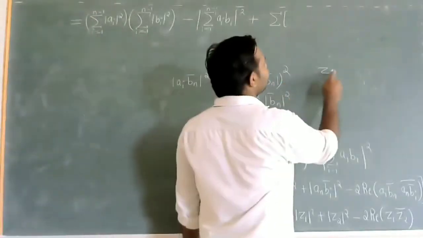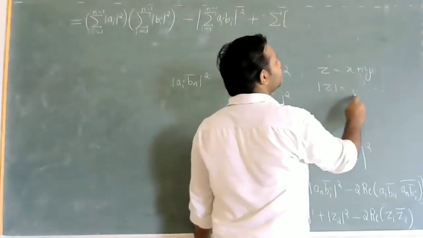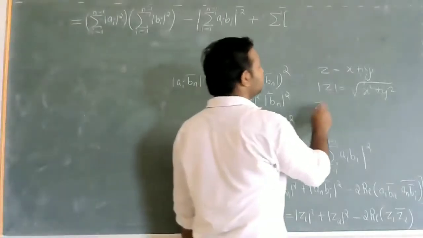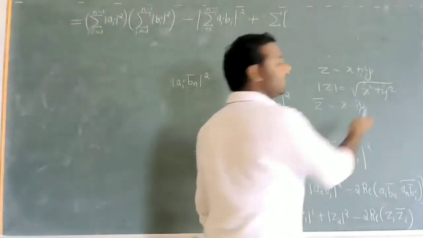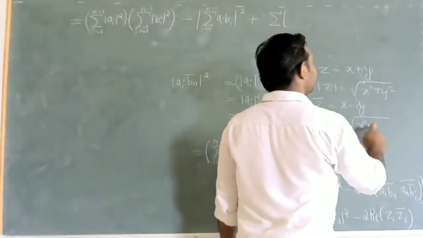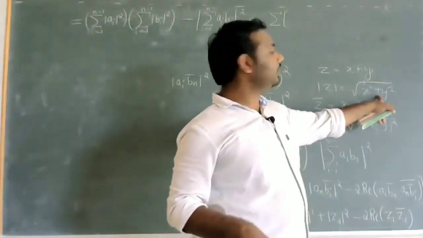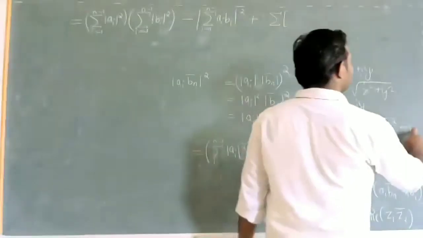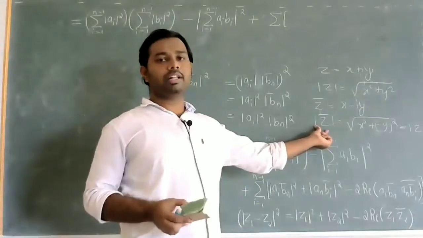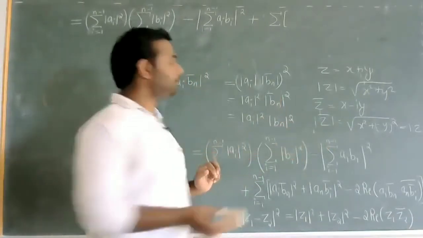Because if z is equal to x plus iy, what is modulus of z? It is square root of x square plus y square. For z bar, which is x minus iy, modulus of z bar is square root of x square plus minus y whole square. Minus y whole square is once again y square itself, which is equal to modulus of z. So z and z bar will have the same modulus value. So modulus of bn bar is nothing but modulus of bn.